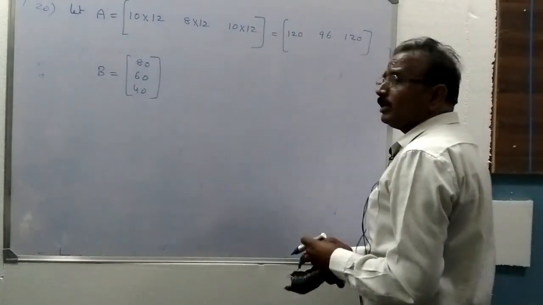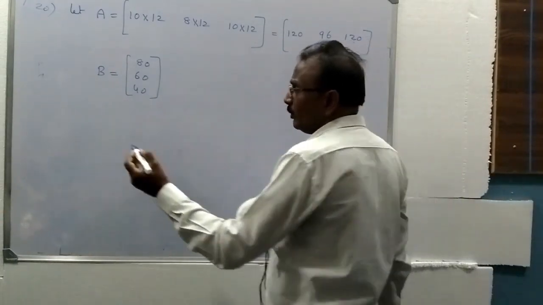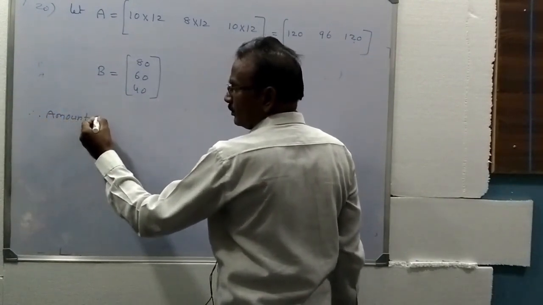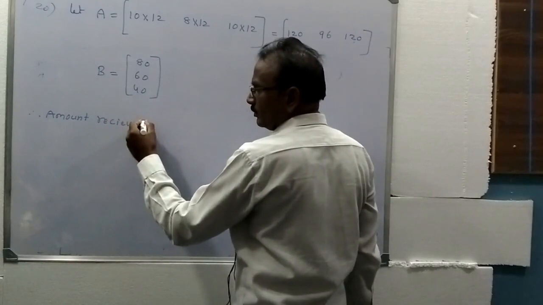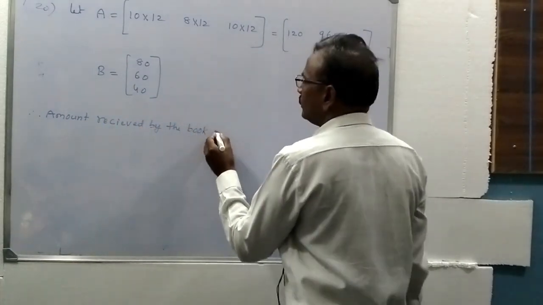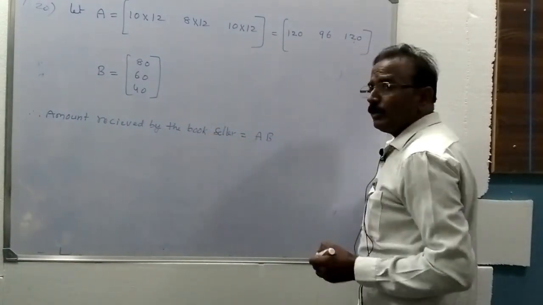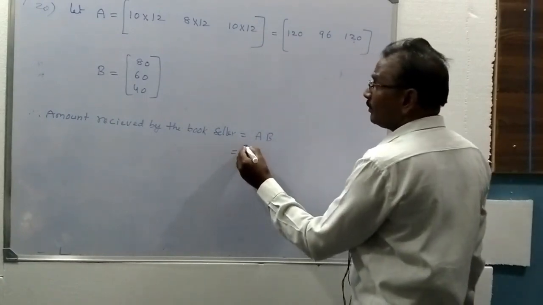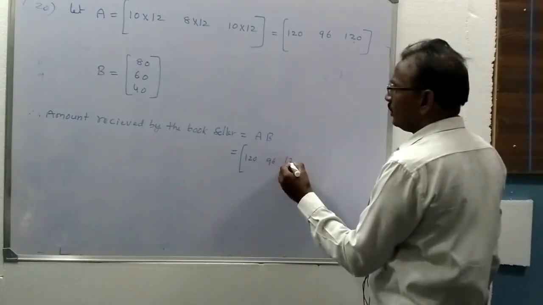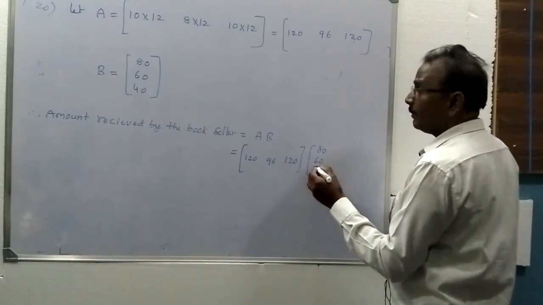Therefore the amount received by the bookseller is the matrix multiplication A into B. Here matrix A is 120, 96, 120 into matrix B, which is 80, 60, 40.